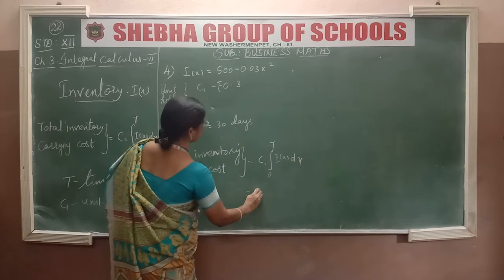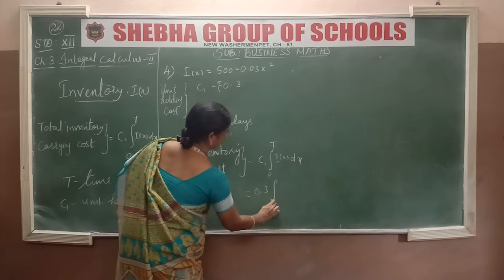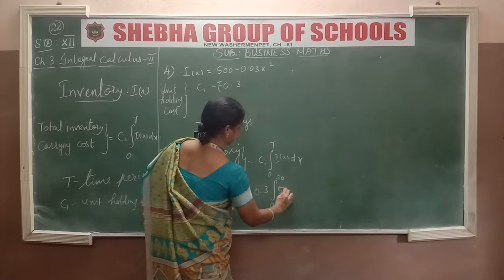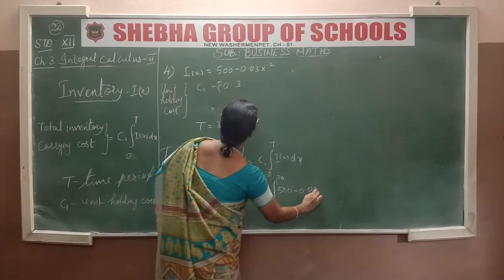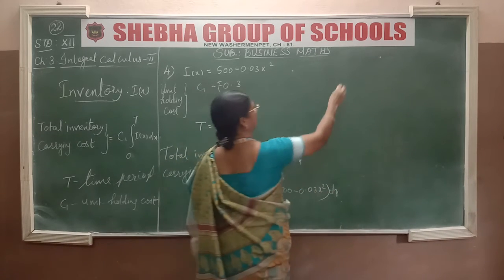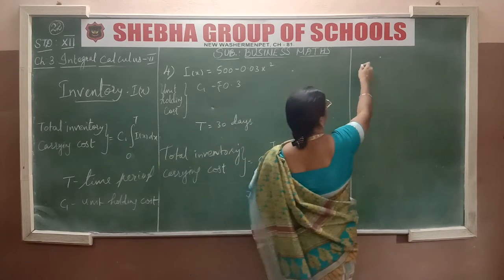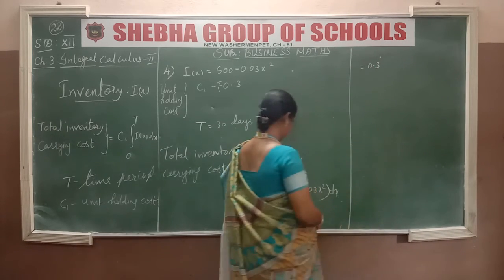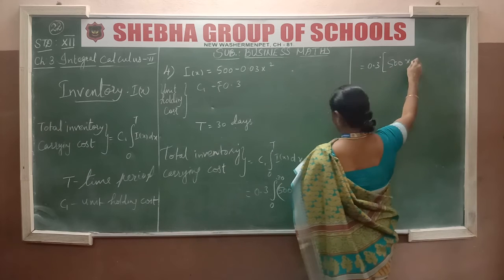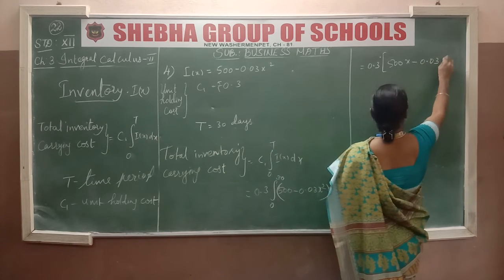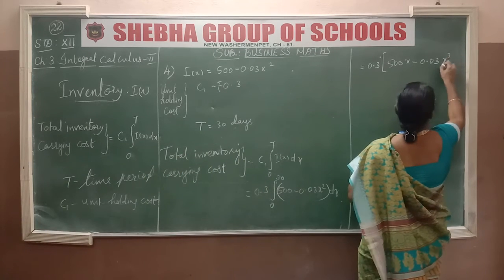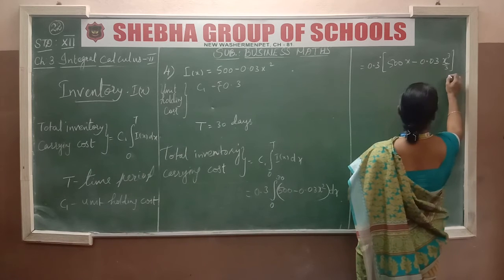Here C1 is 0.3 and 0 to T, capital T is 30 days, and I of x is 500 minus 0.03 x square into dx, which is equal to 0.3 into integrating this, 500 we get 500x minus 0.03 x square, integrating x square we get x cube by 3, and the limit is 0 to 30.